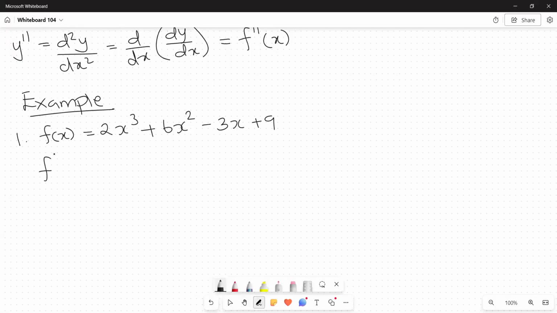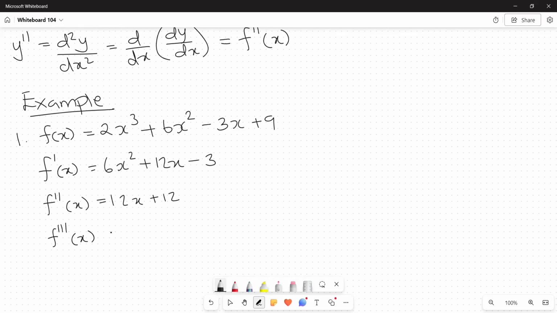So we start with f prime of x. We differentiate, we get 6x squared plus 12x minus 3. Okay, then we find the second derivative. This is 12x plus 12. Then the third derivative, we write f triple prime.